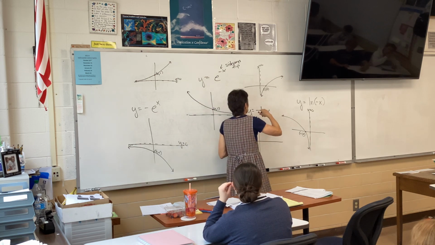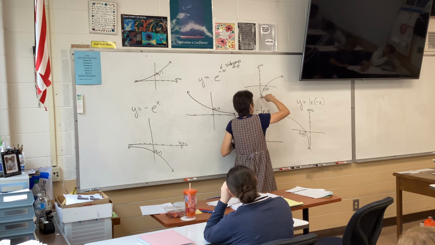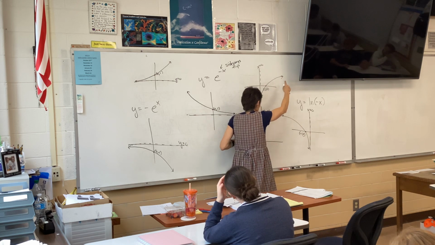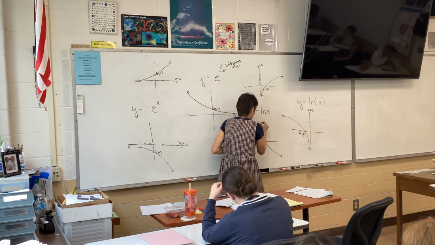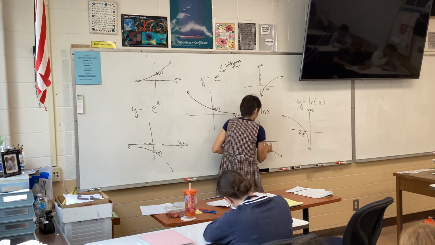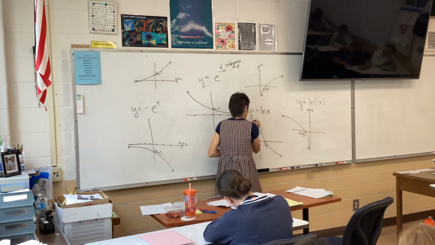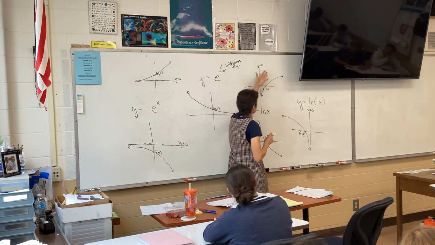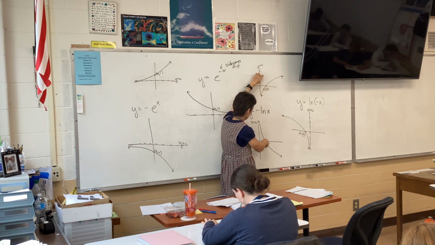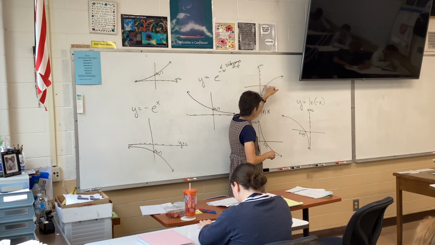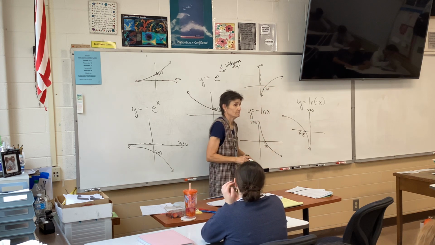So in other words, instead of going up and out like this, would you agree it's going to look something like this? So this part gets flipped up, and this part gets flipped down.